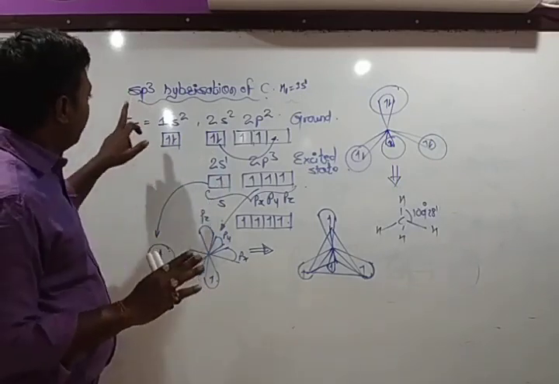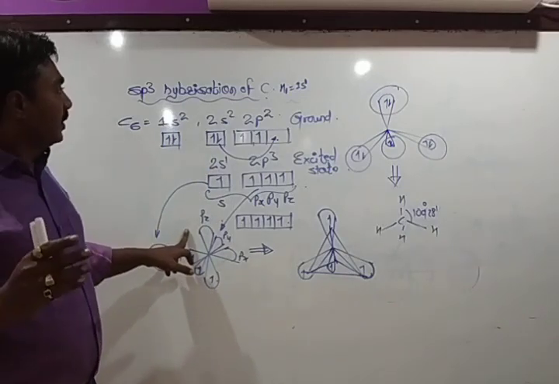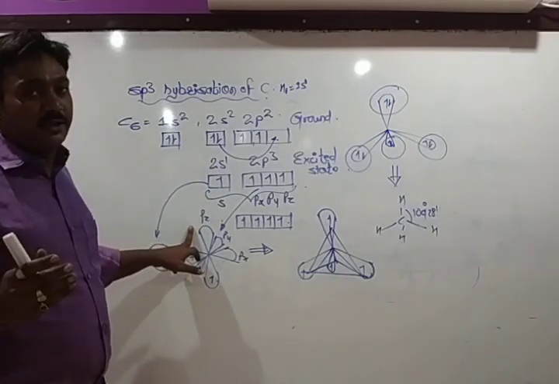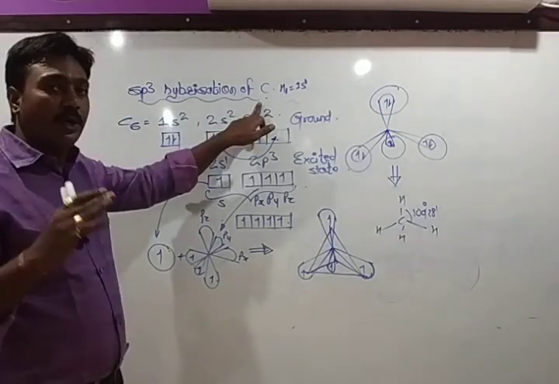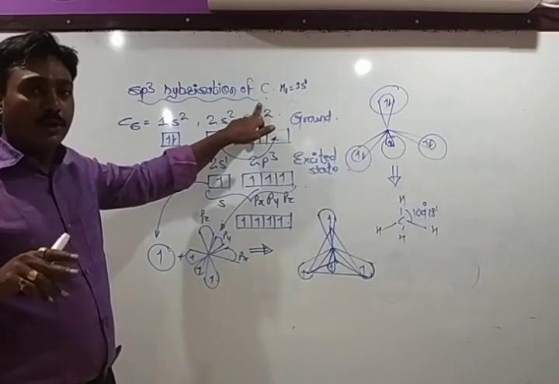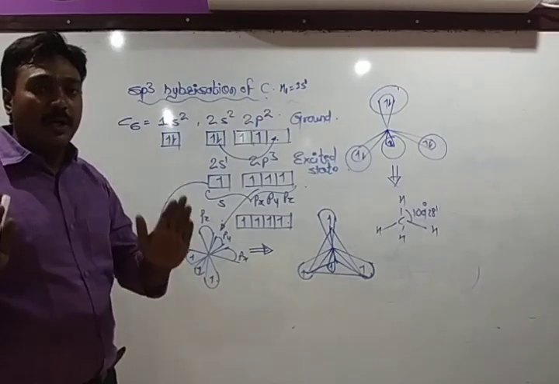This is the sp3 hybridization of carbon. In further lectures we will discuss the sp2 and sp hybridization in case of the carbon atom.